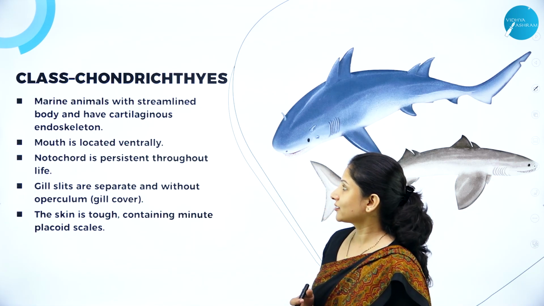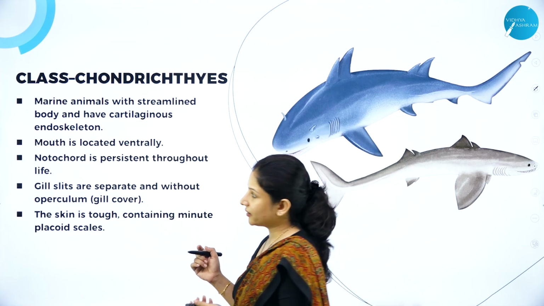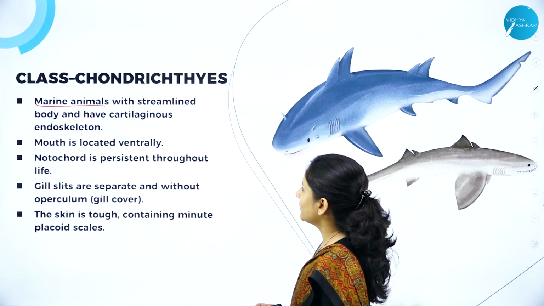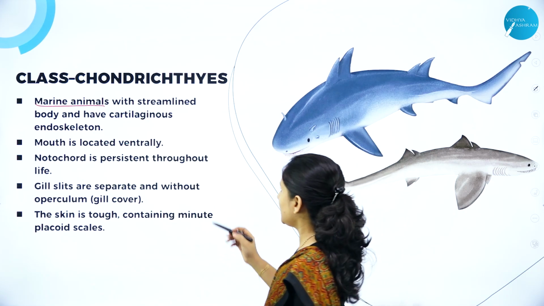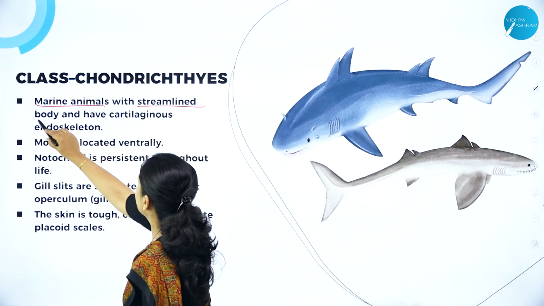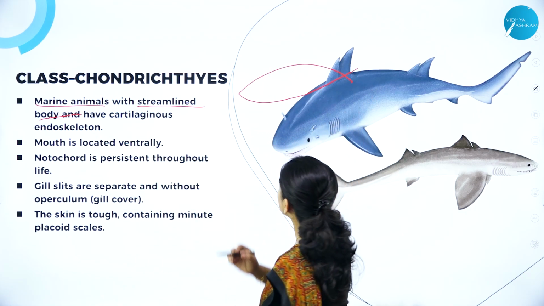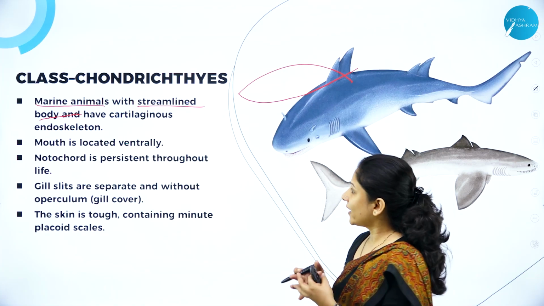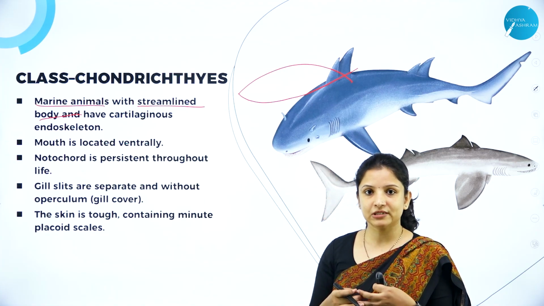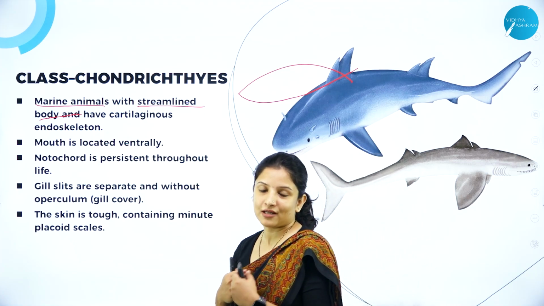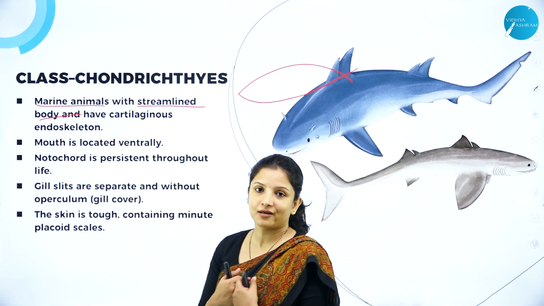So class chondrichthyes, they are also marine animals, wherein cyclostomata were also marine animals, and they have a streamlined body. So streamlined body is just like this. It looks like this, like an aeroplane. Aeroplanes also have a streamlined body. And why is the streamlined body present? So that we all know how much force the water current has or how much pressure the water current has, right?